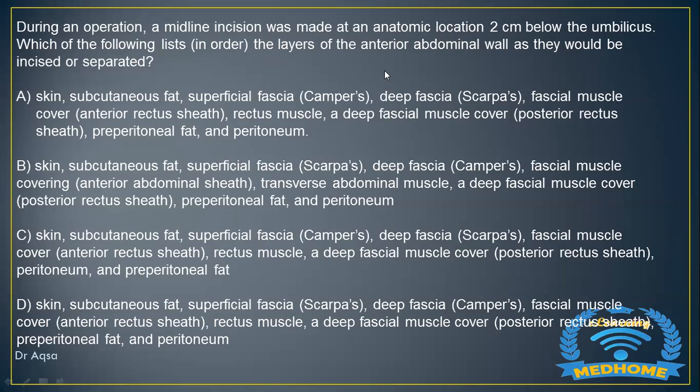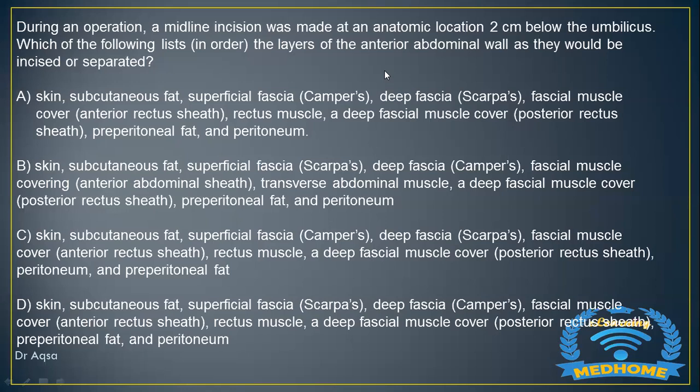Read it loud so that everyone can hear you. Skin, subcutaneous fat, superficial fascia, deep fascia, fascial muscles, anterior rectus sheath, rectus muscle, a deep fascial muscle cover, posterior rectus sheath, pre-peritoneal fat, and peritoneum.